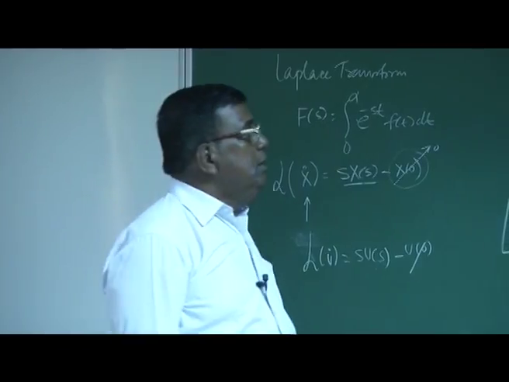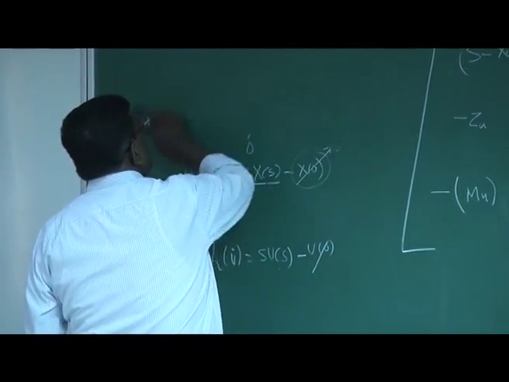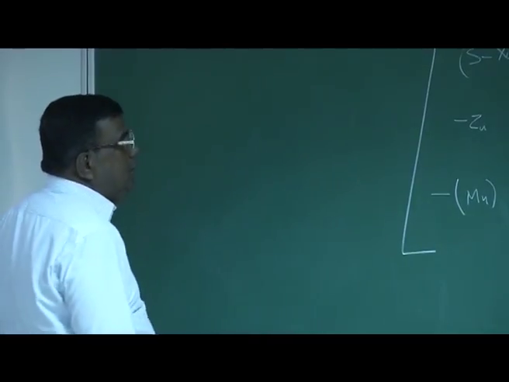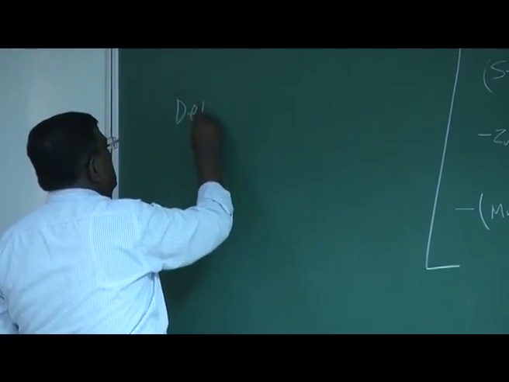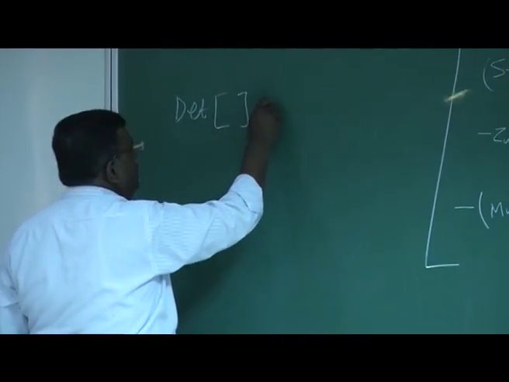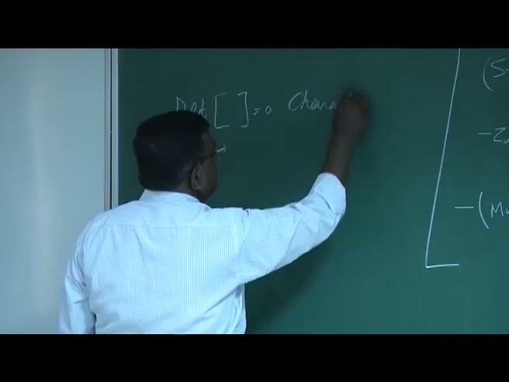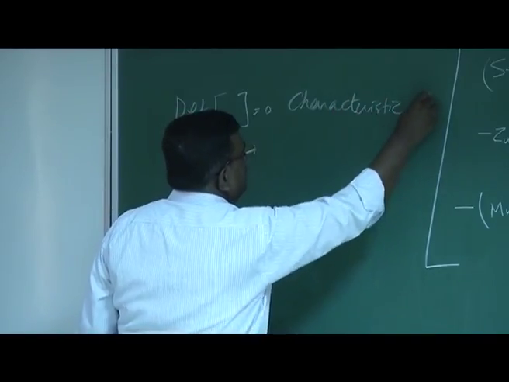So we'll do that, and if I now again use our matrix understanding, I can find that the determinant of this matrix equal to 0 will give me the characteristic equation, right?